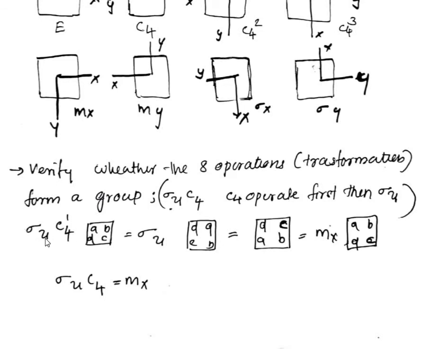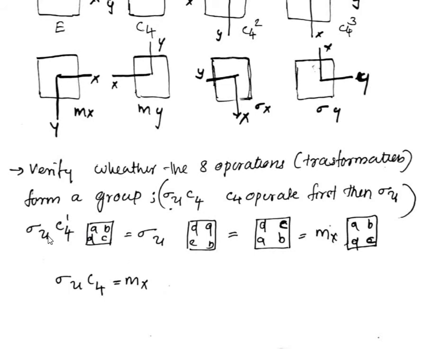When we do this operation, first we have to do the C4^1, and then sigma U is acting on that. That is, the operations always take place from right to left, not from left to right. So this should be in your mind.